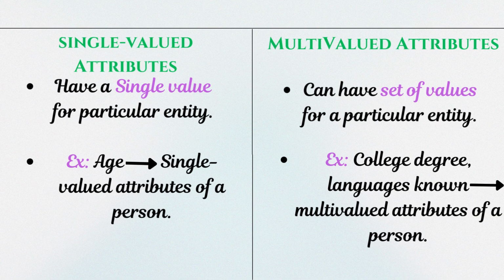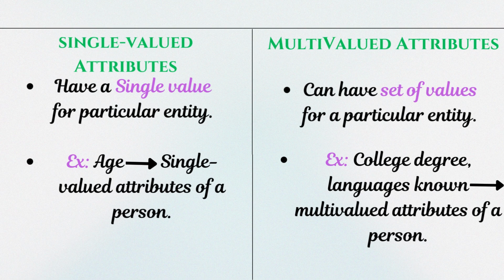Examples of multi-valued attributes are college degree, languages known, etc. A particular person can have more than one college degree and can also know more than one language. Since these attributes can have a set of values for a particular entity, they are called multi-valued attributes of a person.